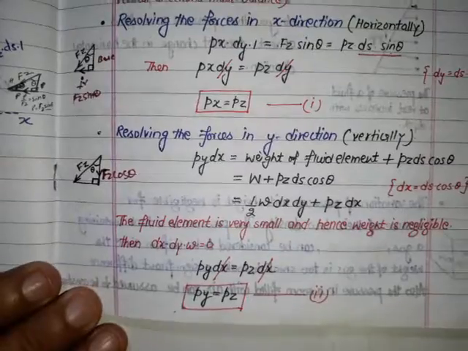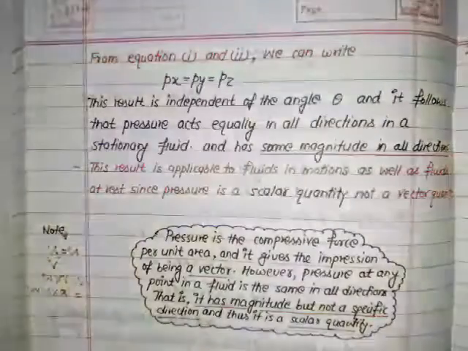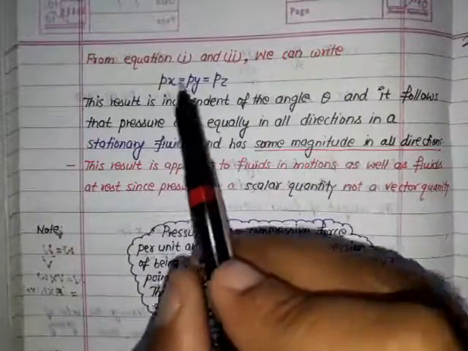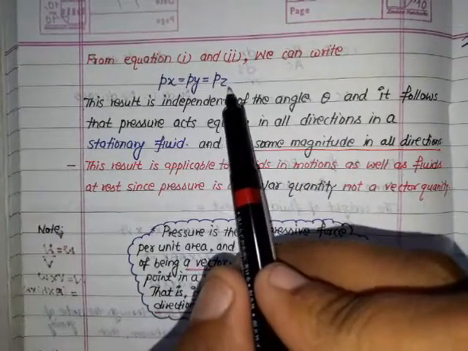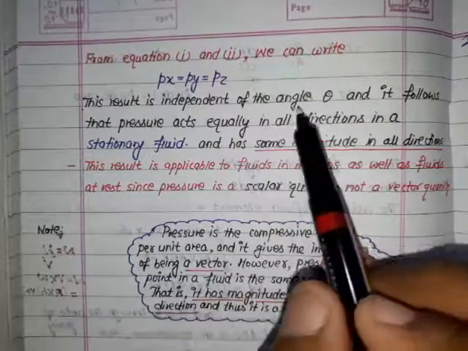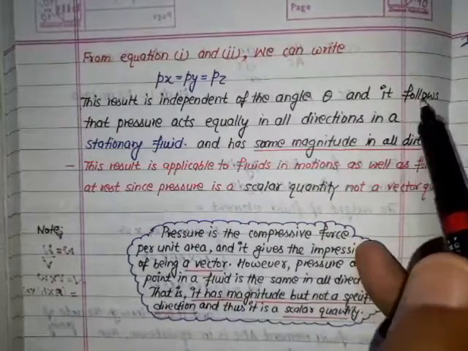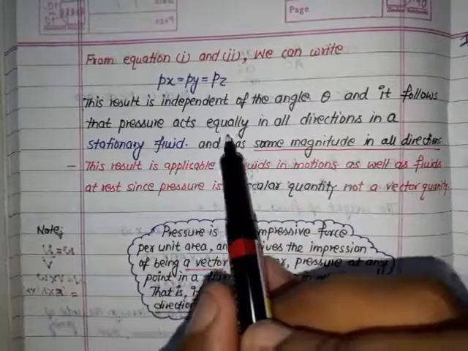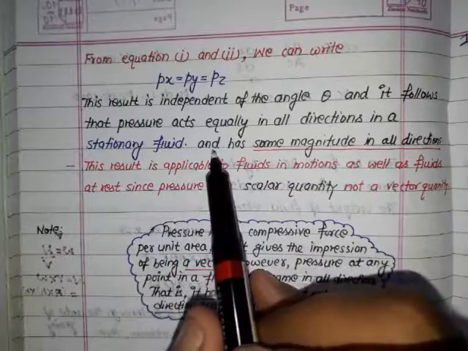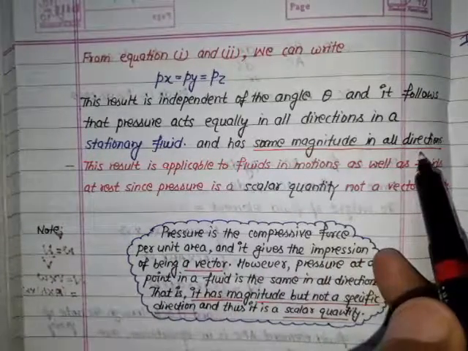This is equation 2. So from equation 1 and 2 we can write px equal to py equal to pz, a result which is independent of angle theta, and it follows that pressure acts equally in all directions in a stationary fluid and has the same magnitude in all directions.